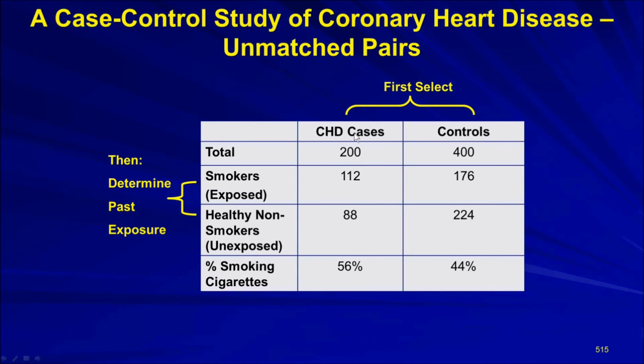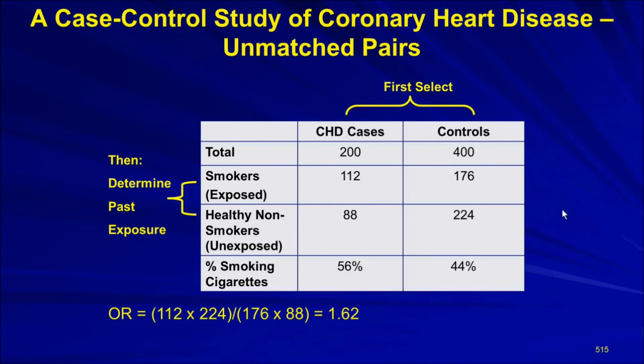Now, first select cases with coronary heart disease and controls. Then determine past exposure to smoking. And then you would do next a multiplication of cross products. Notice this is how it's done, the multiplication and the division.